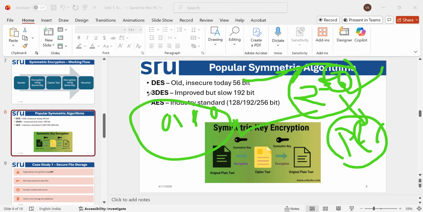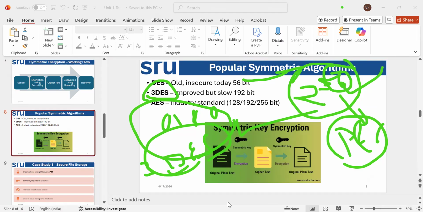Now 3DES means performing the DES algorithm 3 times. What does it mean? Performing DES 3 times means we are performing the Data Encryption Standard 3 times, which is why we call it triple DES.